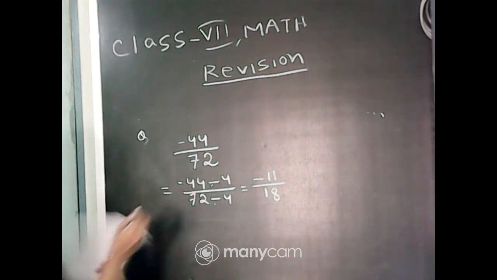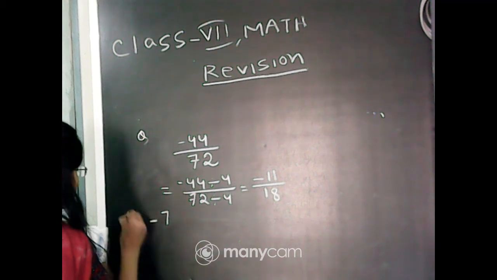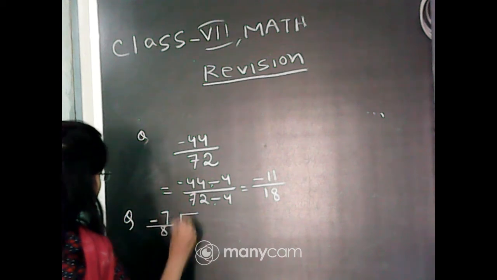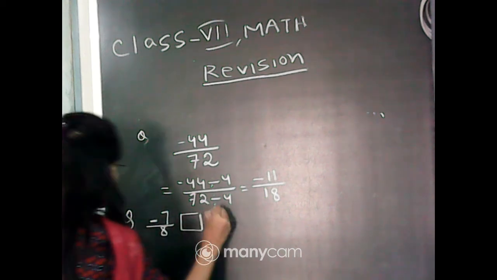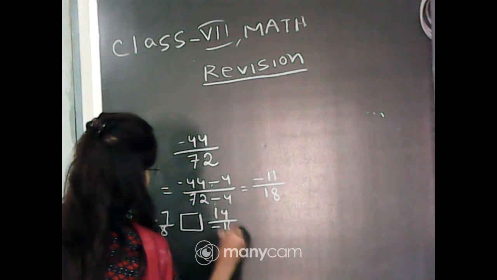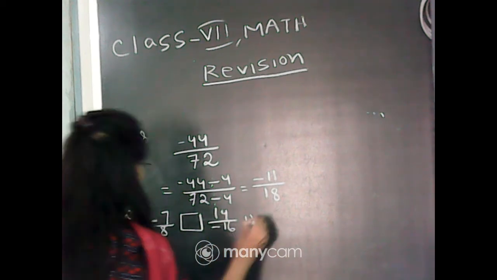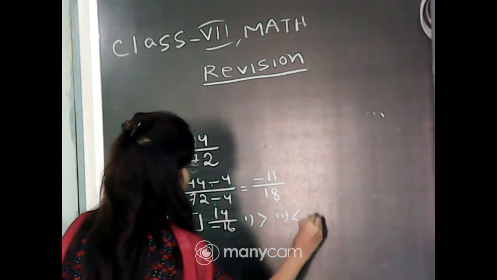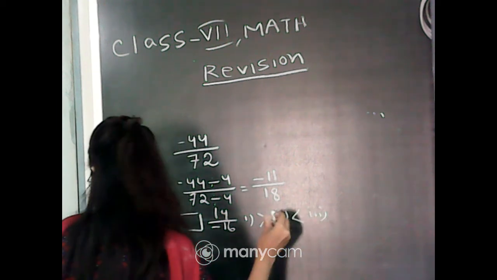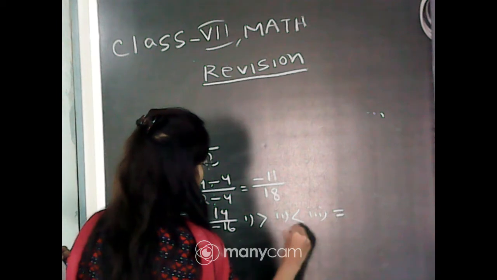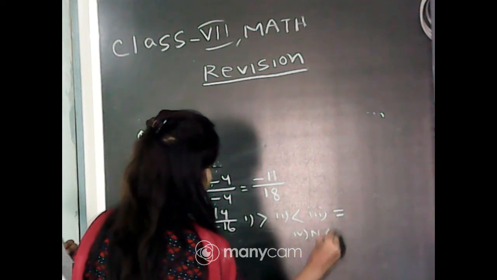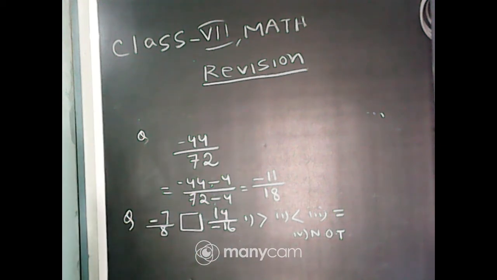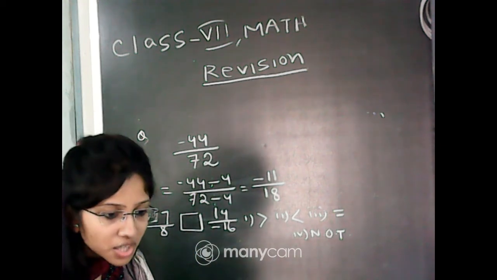Next question, put the right sign in the box. Option 1 is greater than, option 2 is less than, option 3 is equal to, and option 4 is none of these. Yes, equal to.